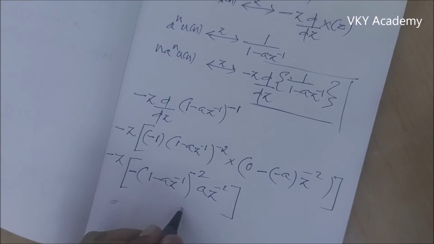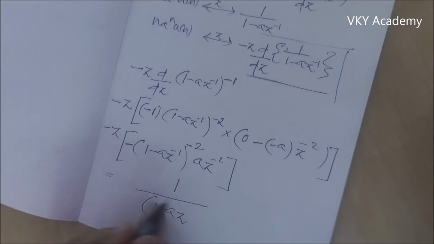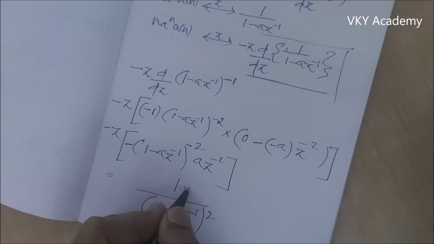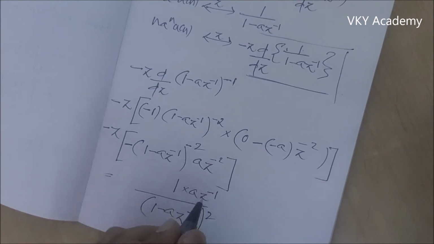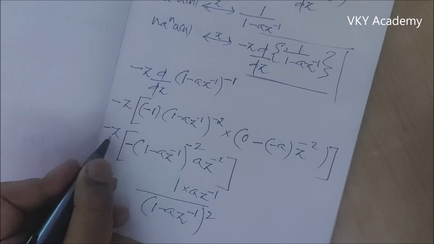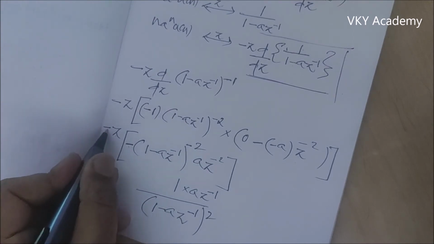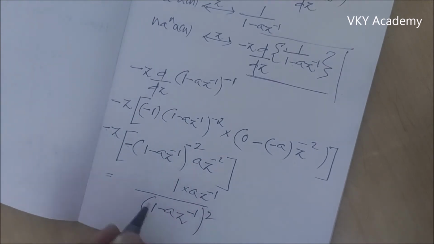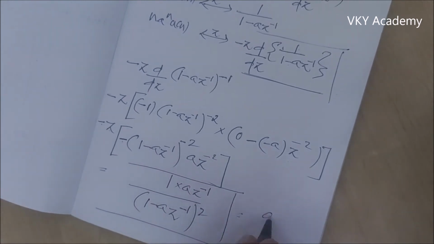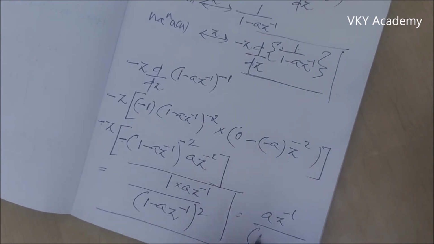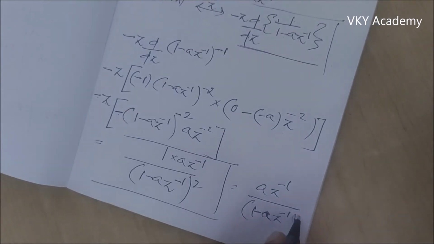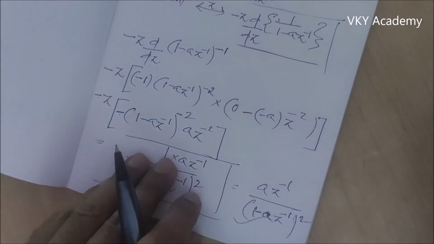Now this can be written as 1 by 1 minus a z inverse to the power 2, and this will be a z inverse, because z to the power minus 1 and this z will cancel out, and this negative and this negative will cancel out. So this result is my answer, or you can say a z inverse by 1 minus a z inverse to the power 2. So this is our answer.